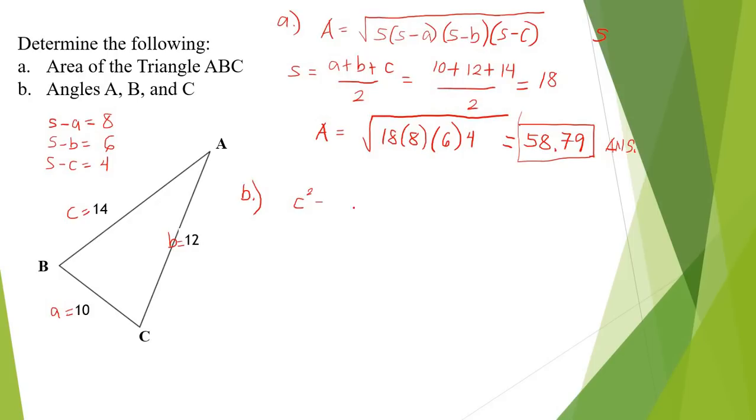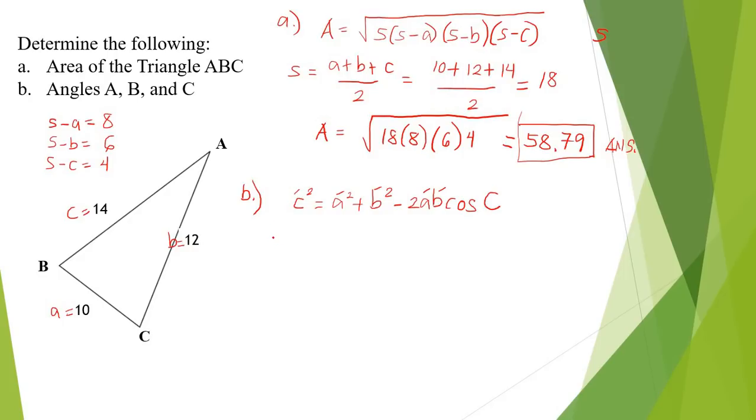C squared is equal to A squared plus B squared minus 2AB cosine of C. So take note that your C, A, and B are all known, and the only unknown is your angle C. Then we'll be able to solve for the angle C.